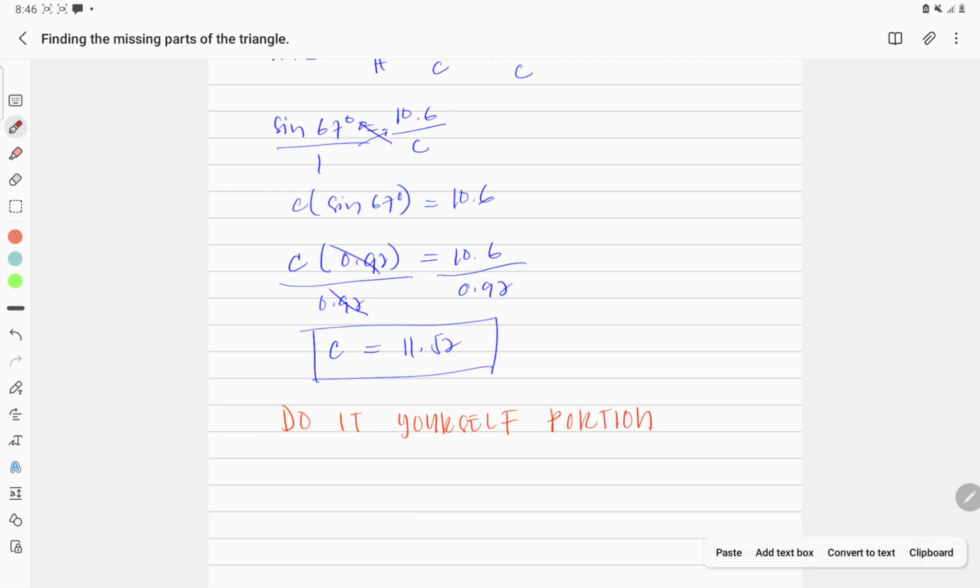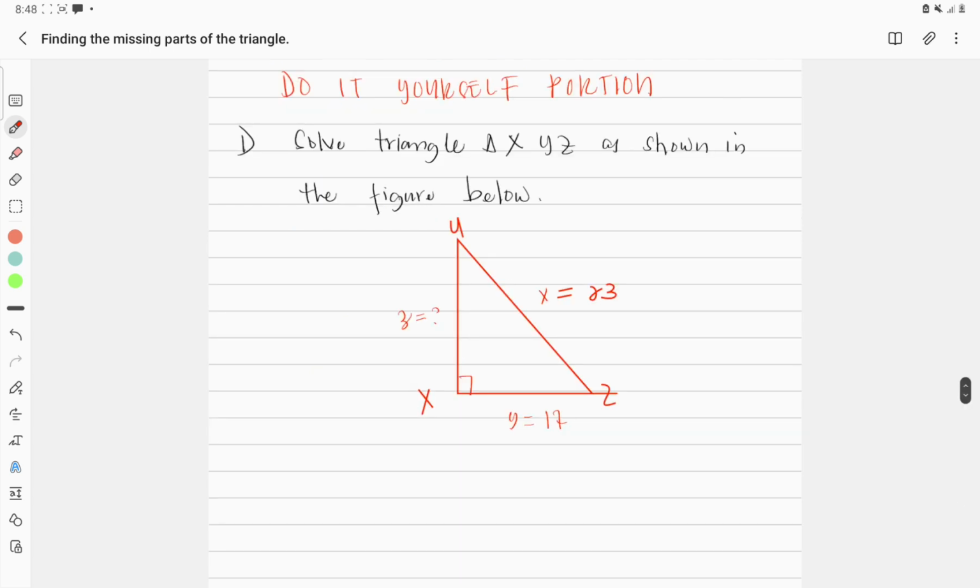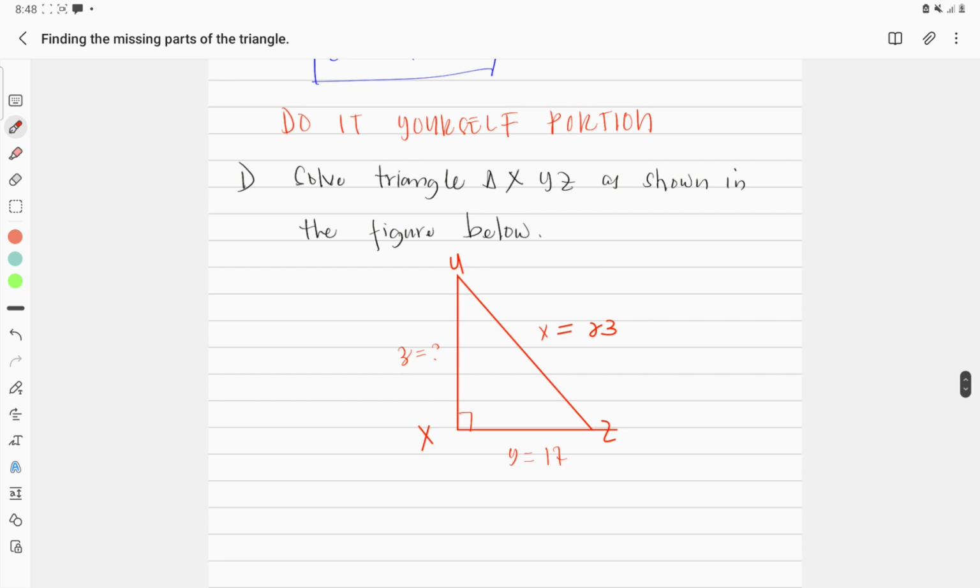For your do it yourself portion, you're going to solve triangle XYZ as shown in the figure below. Show your solution, and you may post your answer in the comment box of the video below.